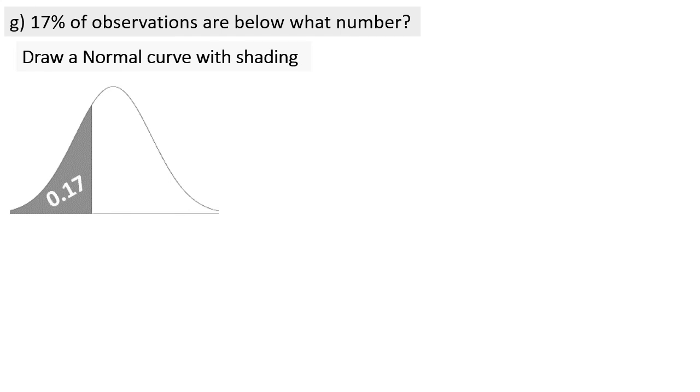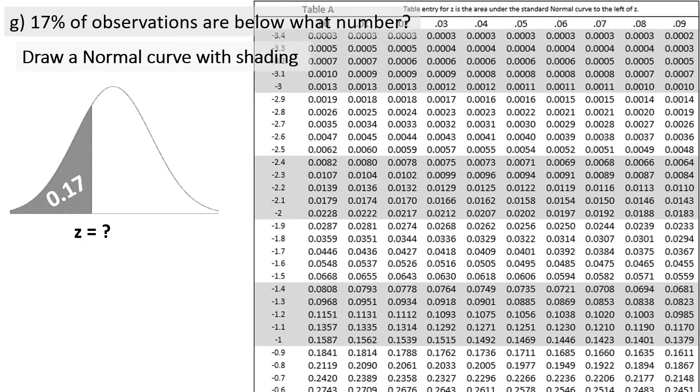So we know that the area is 0.17, and we need to find the resulting z-score value. We go to our table, and in this case we're on the negative side because we know our z is to the left of the mean, so it's negative. We look in the body of the table for 0.17, and the closest there is 0.1711.